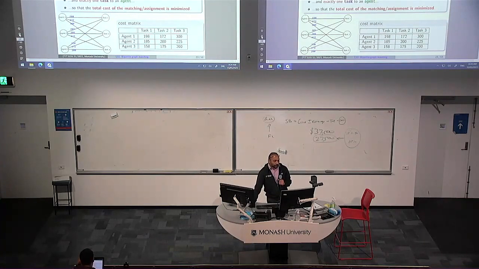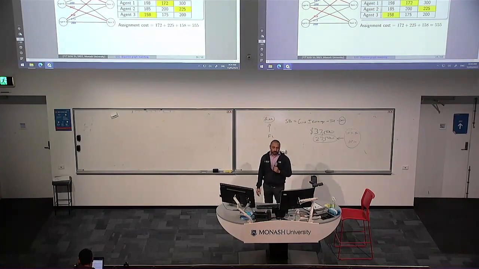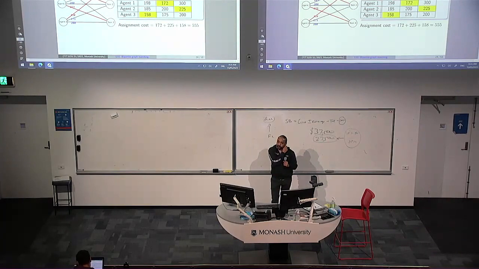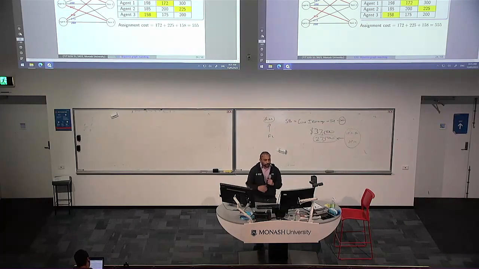If you had this problem, it turns out that the min cost perfect matching is this assignment: agent 1 assigned to task 2, agent 2 assigned to task 3, and agent 3 assigned to task 1. Okay? Can you see that? It's important to note that while it appears as if I've selected the minimum in the first row for agent 1 and the minimum in the last row for agent 3, surely I didn't select the minimum in row 2, isn't it?